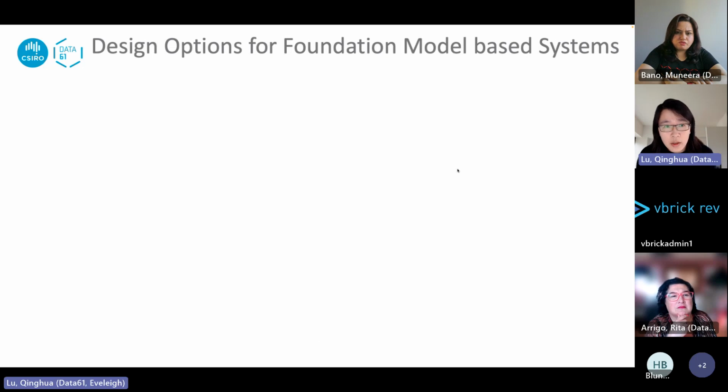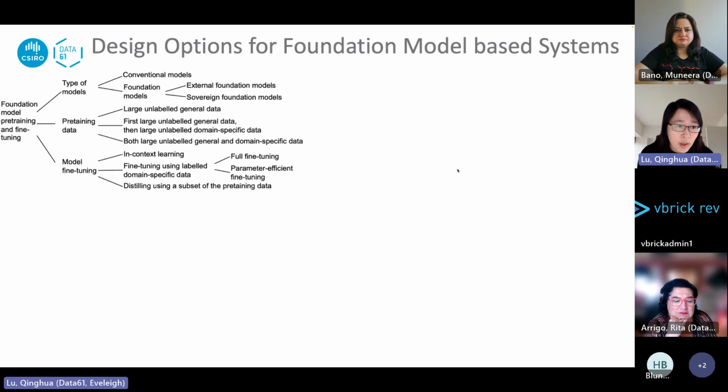And we also design a framework for building the foundation model-based system. So in this framework, we analyze the different design options and also the trade-offs of different software quality attributes. So we have 3 categories under this design framework. The first group is called foundation model pre-training and fine-tuning.